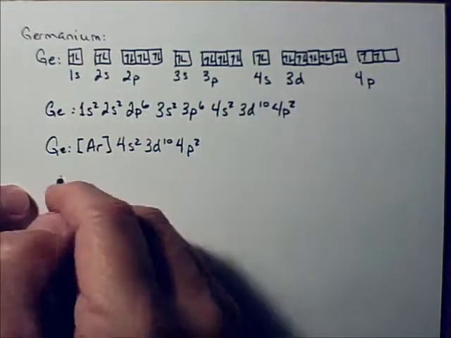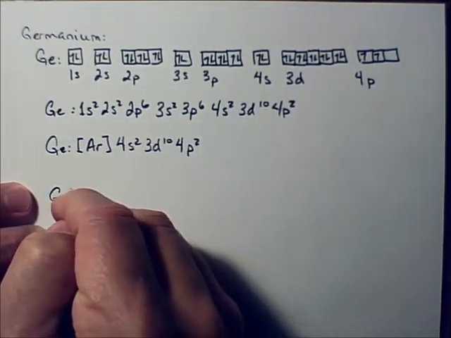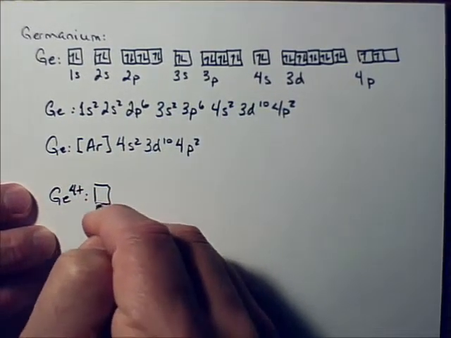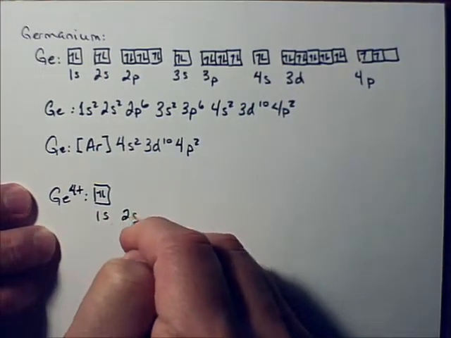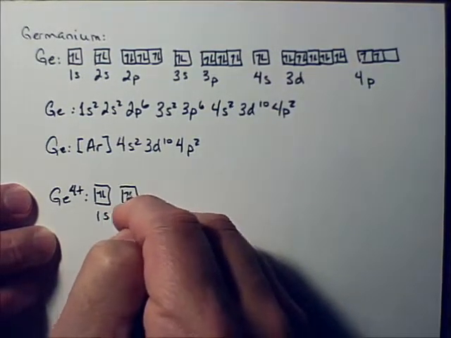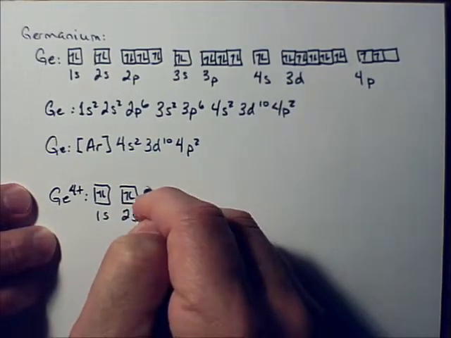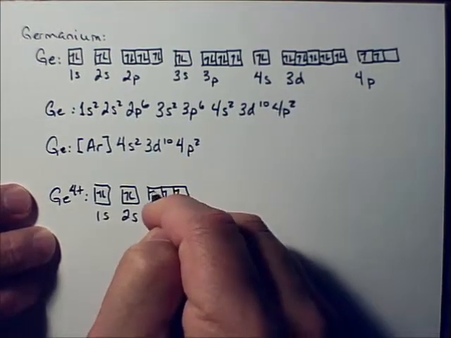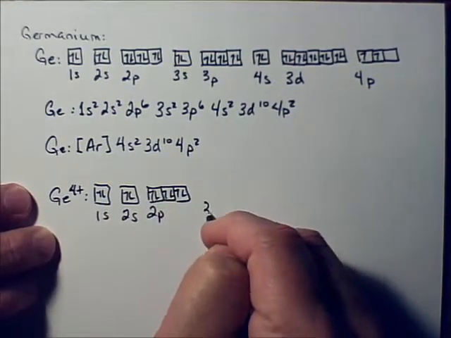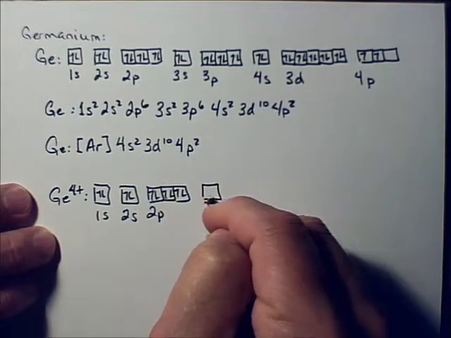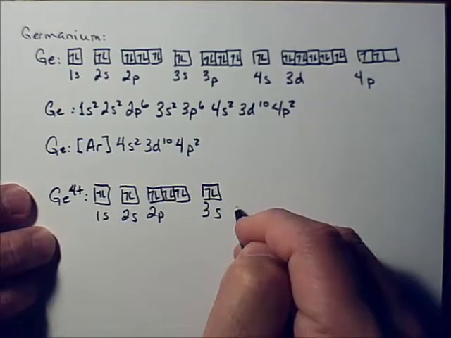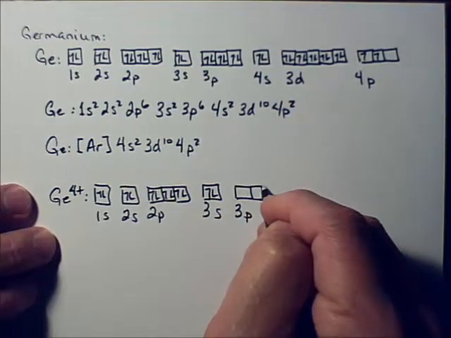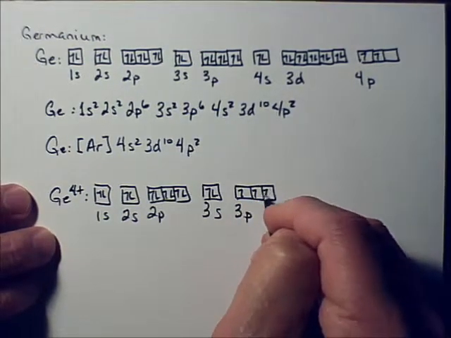Okay, so to get the germanium 4 plus charge, we're going to have 1s with 2 electrons, 2s with 2 electrons, 2p, 3 orbitals, 6 electrons, 3s, 1 orbital, 2 electrons, 3p, 3 orbitals, 6 electrons.